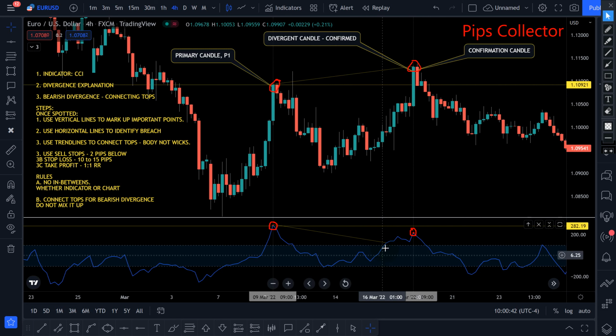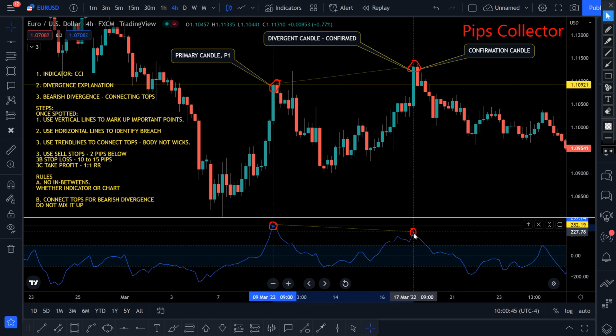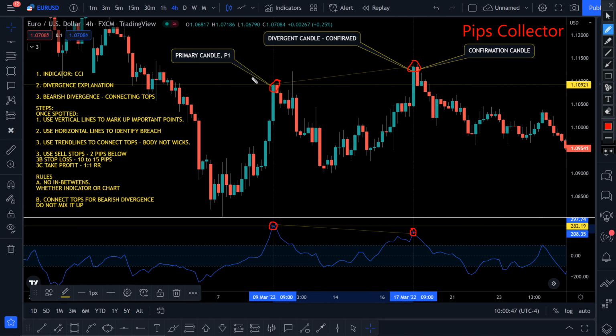Now once you've done this, look at what's happening here. On the chart, price is going up. On the indicator, what's happening? So there is opposite motion, counter flow. This is the divergence. Now we'll come to the pending order. So let's say, look at this. We have done vertical lines, check.